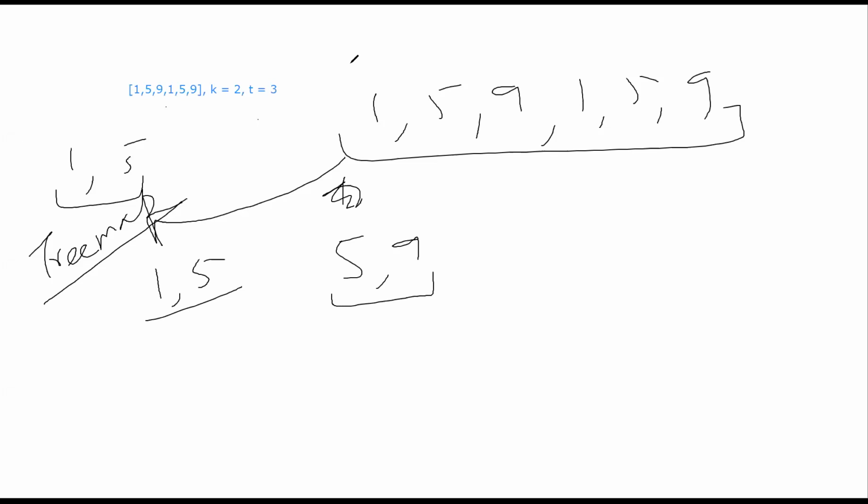But my question is, how will you find whether there's another number which will give you an absolute value of a minus b less than or equal to 2 in this case? We use a map to record the index of each element, like M1 equals 0, M5 equals 1. So 0 and 1, and this is 1 and 2, right?